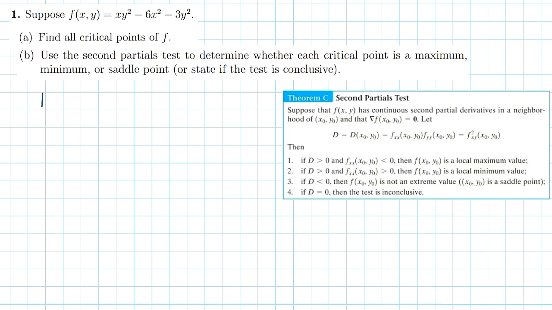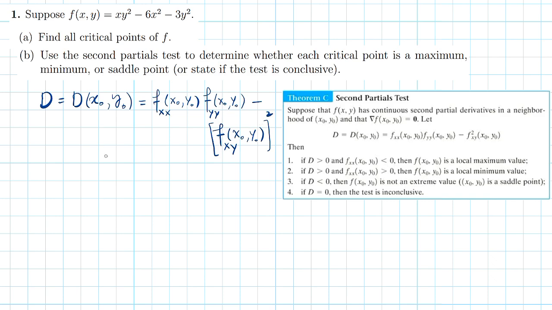The discriminant at a point x naught comma y naught is equal to the double derivative of the function with respect to x at the point x naught y naught multiplied by the double derivative of the function with respect to y at the point x naught y naught, minus the double derivative of the function with respect to x y at the point x naught y naught, whole squared.